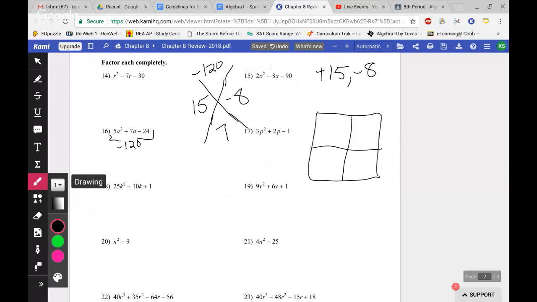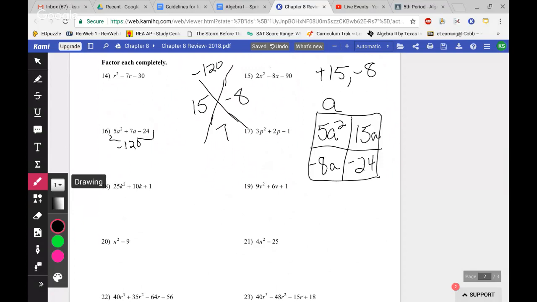So this box is going to be 5a squared. This box is going to be negative 24. And then I put my two terms there. Okay, so what can I factor out of 5a squared and 8a?